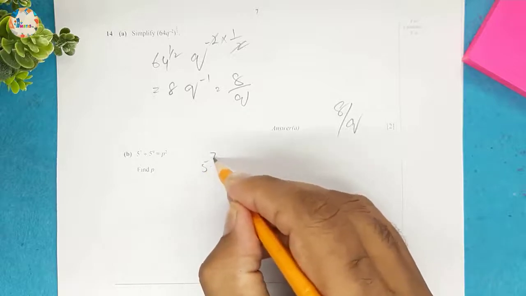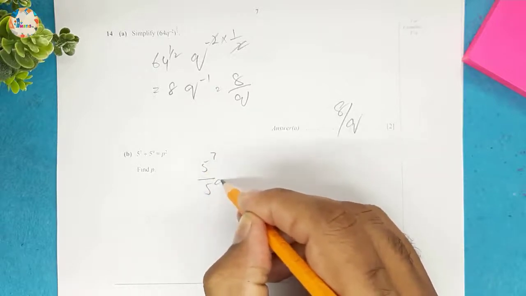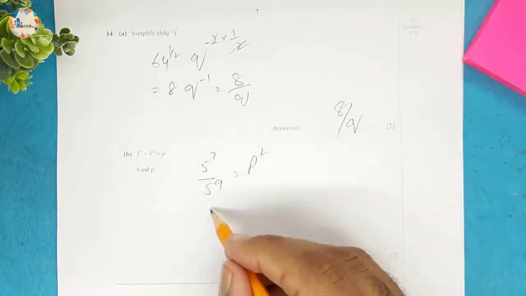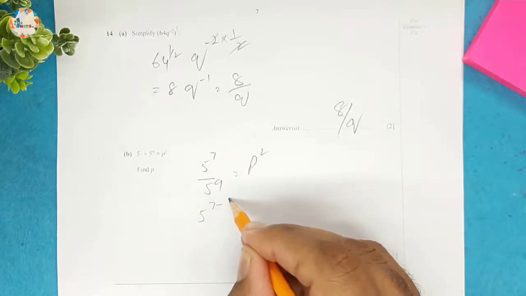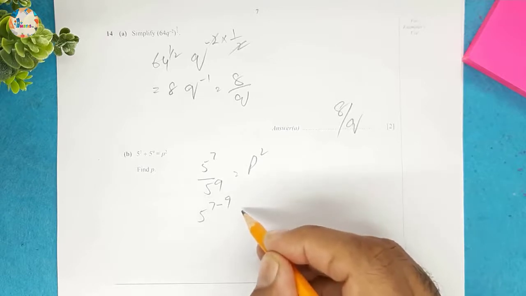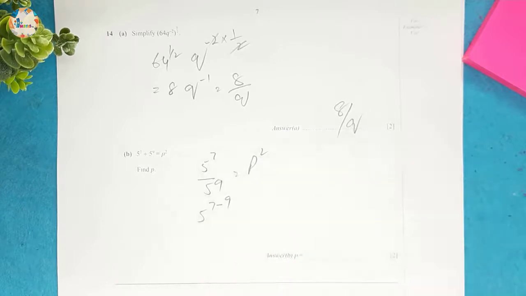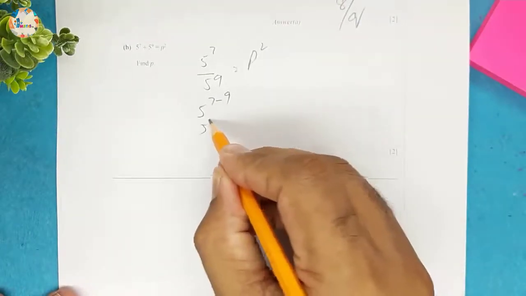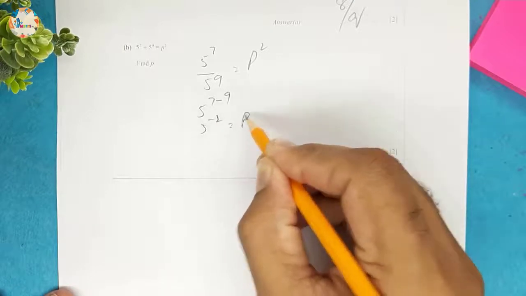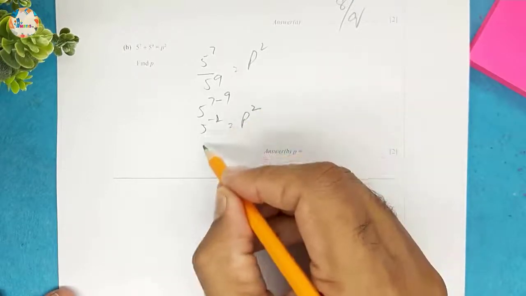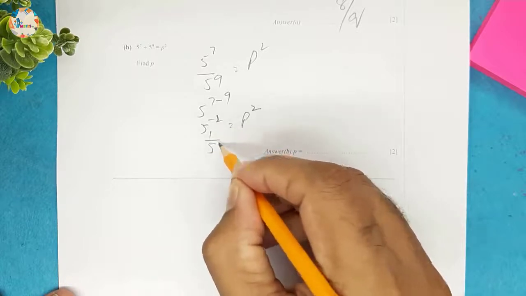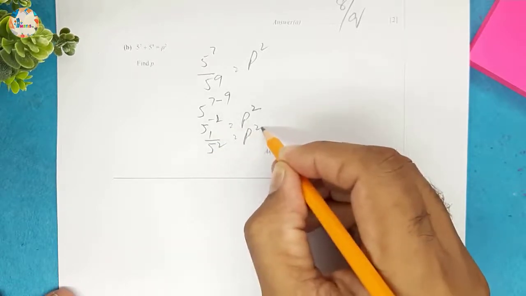Now this one we have to find the value of p. So 5 raised to power 7 over 5 raised to power 9 is equal to p squared. So we can write this as 5 raised to power 7 minus 9, and 7 minus 9 is equal to minus 2. So 5 raised to power minus 2 is equal to p squared, and this will be 1 over 5 squared is equal to p squared.